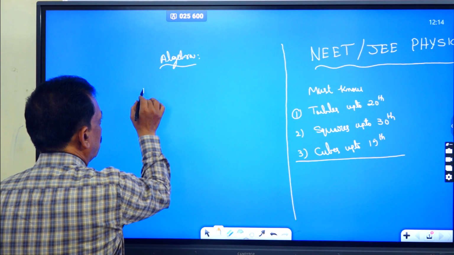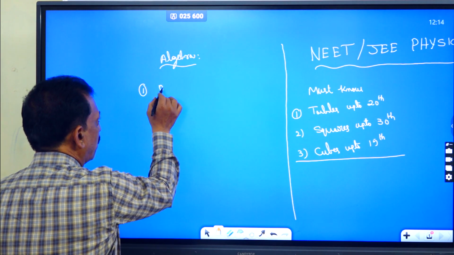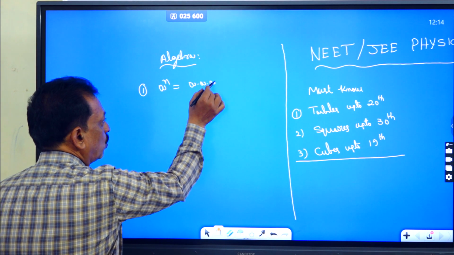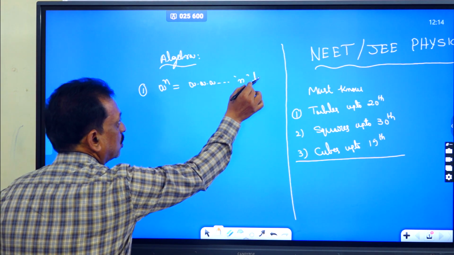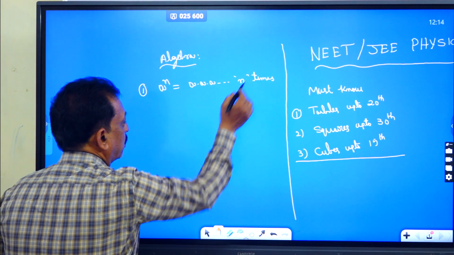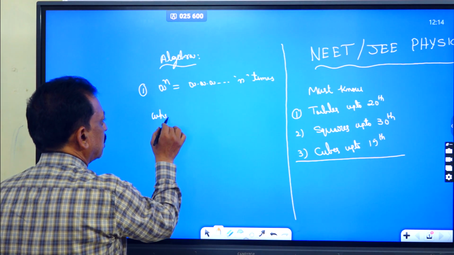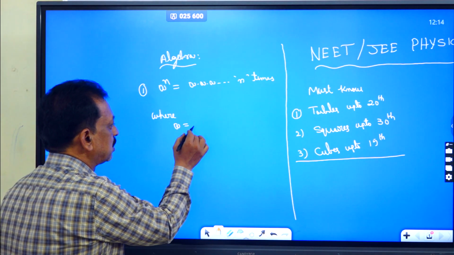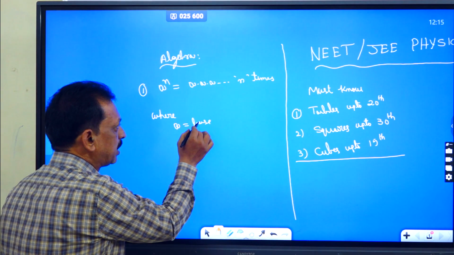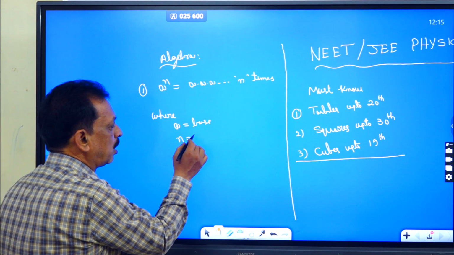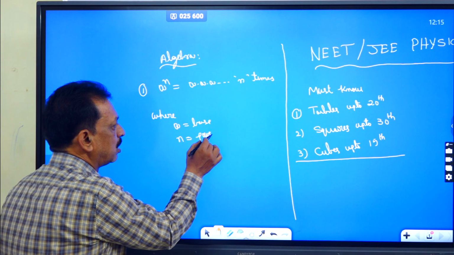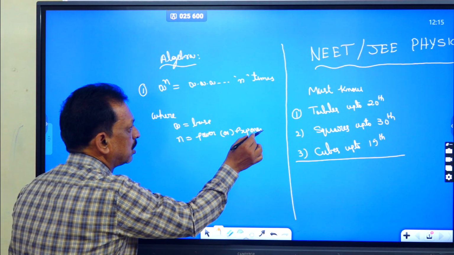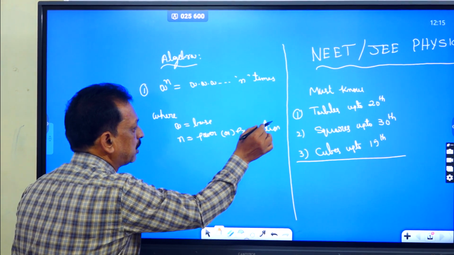In algebra, you might know already a to the power of n is equal to a into a, n times, where n is a natural number, a is called the base, and n is called the power or exponent.